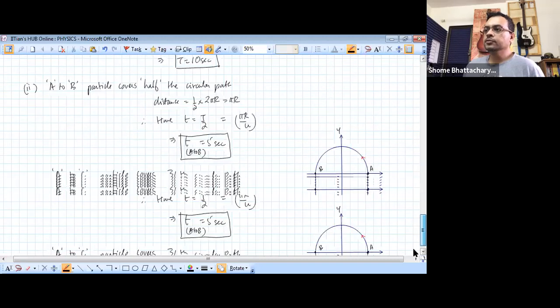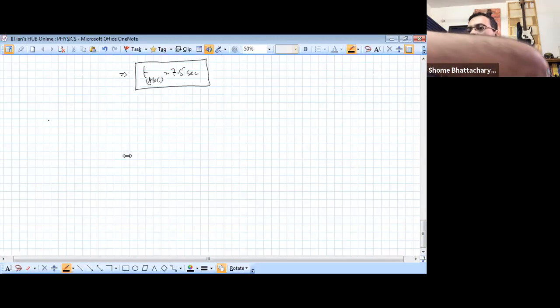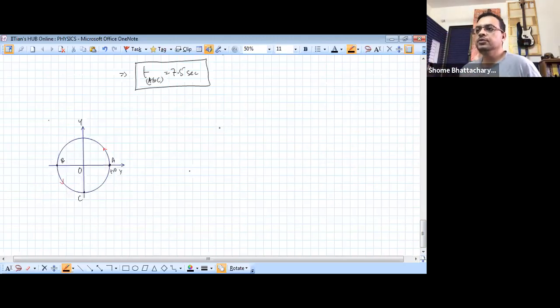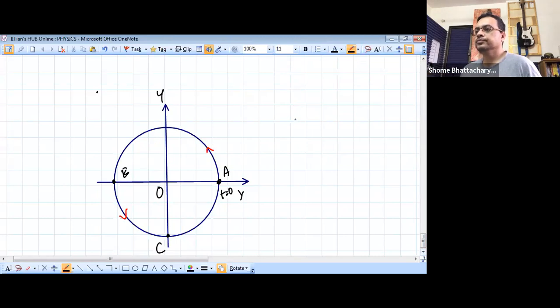So let's come to the third part. In the third part, you can see that from A to B, what is the displacement from A to B? This is the displacement. Right? It's one diameter.